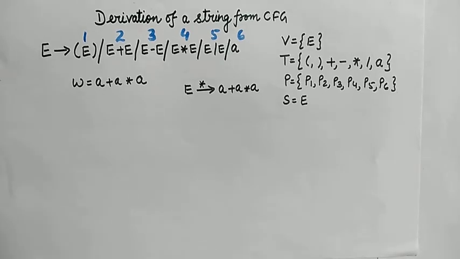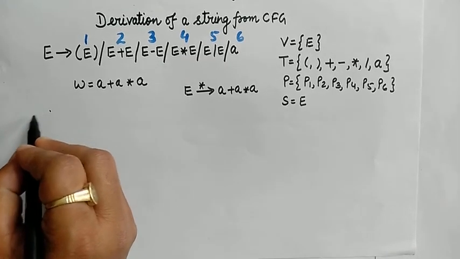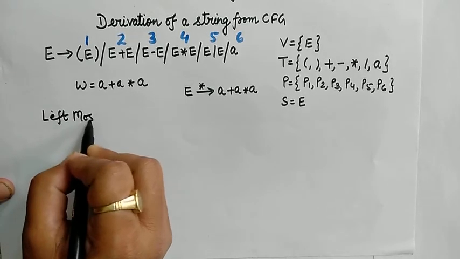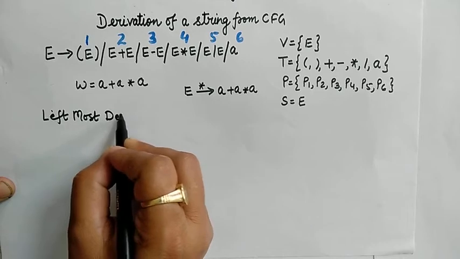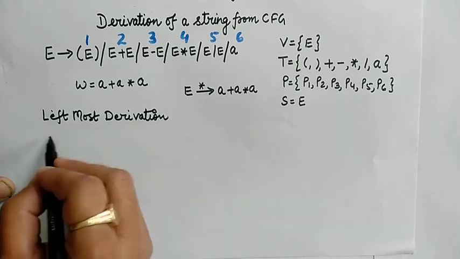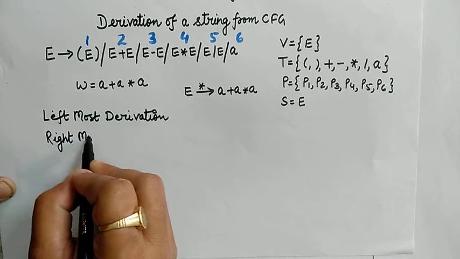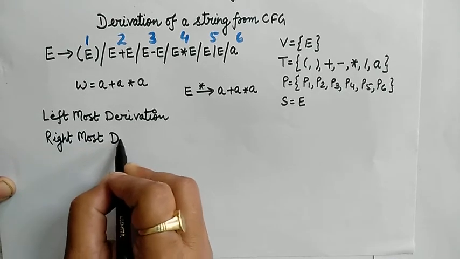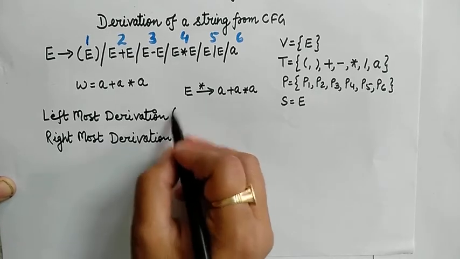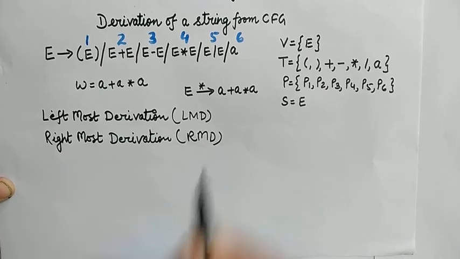There are 2 ways to derive a string from a grammar. The first is called leftmost derivation, and the second is called rightmost derivation, LMD and RMD.